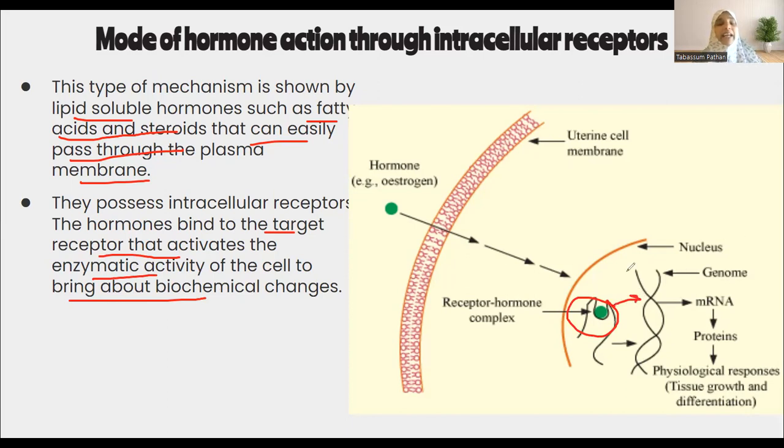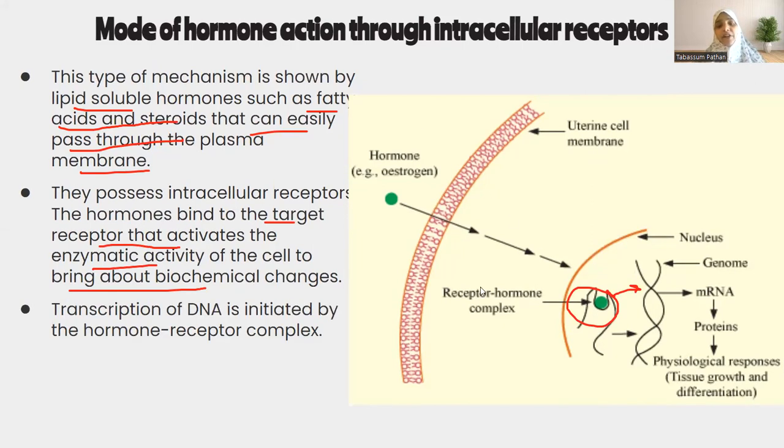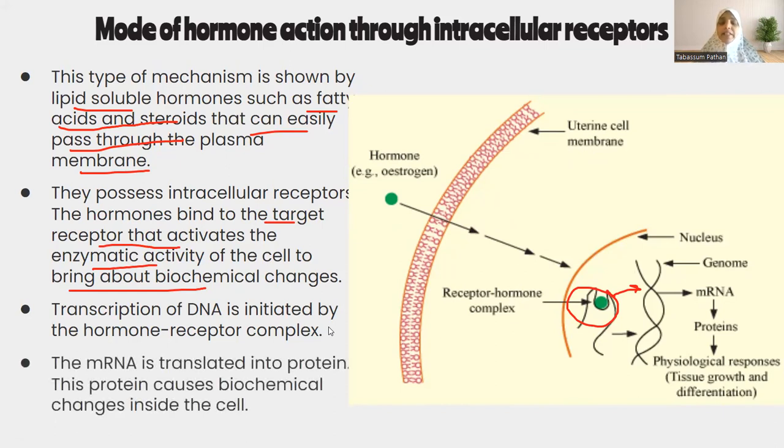Then the DNA will carry out transcription and translation, whatever enzyme or activity needs to be carried out, with the effect of this hormone. The transcription of the DNA is initiated by the hormone receptor complex. The mRNA will be produced, the protein will be produced, and the effect will be seen. Estrogen, for example, is responsible for tissue growth and differentiation.